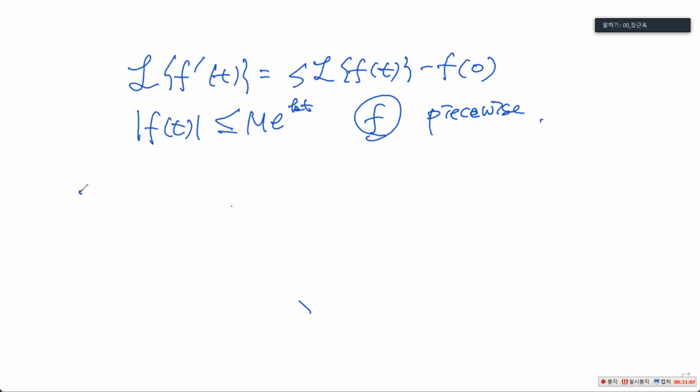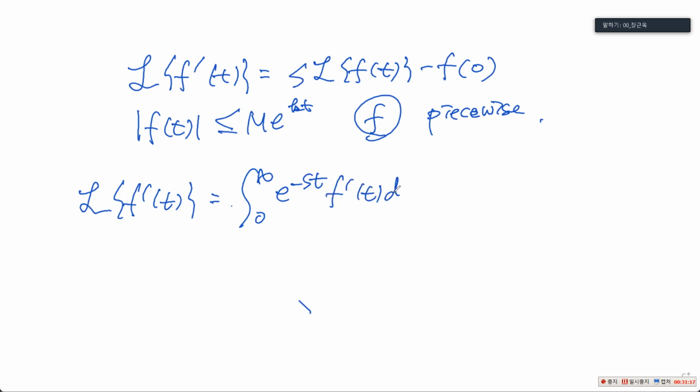Then the proof is the integral of e to the minus st times f prime t dt, by integration by parts.